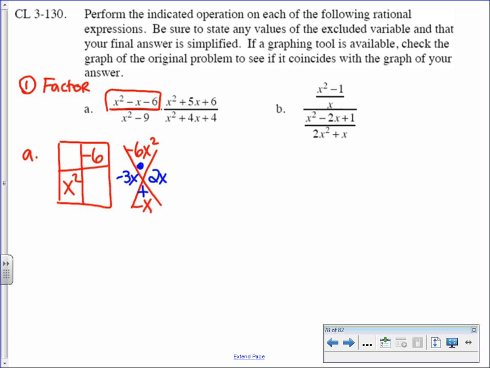These two terms can now go in my box, and I can pull out greatest common factors. The top row is negative 3, the bottom row is x. The first column is x and the second column is 2, meaning that x minus 3 times x plus 2 are the factors for x squared minus x minus 6.